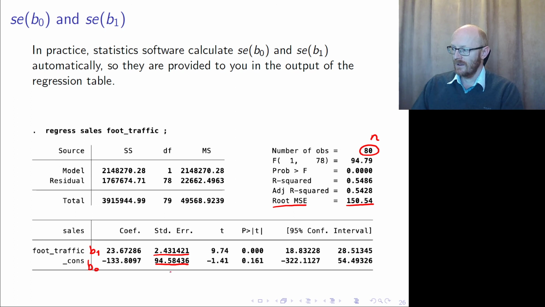So here we have gotten the numbers from the statistics program, which can calculate this for us. Okay. So this would be the standard error of b0, the intercept, and this would be the standard error of b1, the slope.